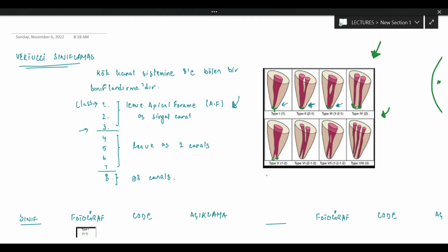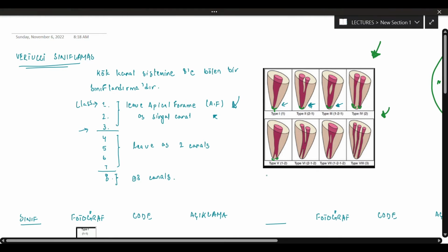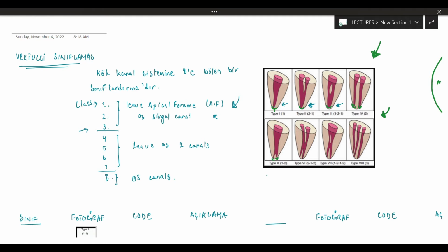Sorry, I was wrong here. This is the first video, so we can expect such mistakes. But from class 1 to class 3, only one canal will leave the apical foramen. From class 4 to class 7, two canals will leave the apical foramen.